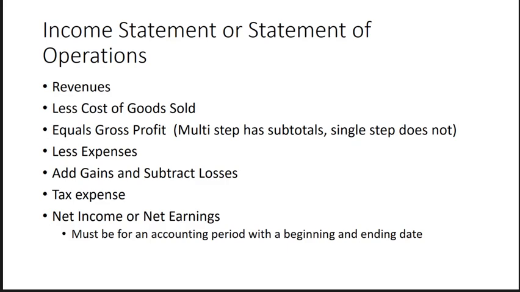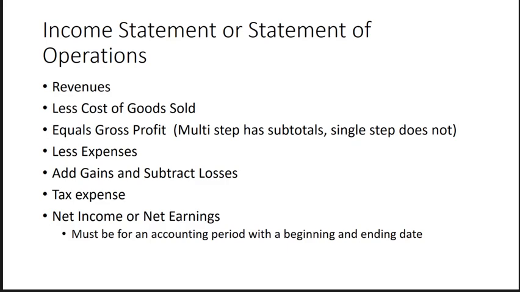It's important, but we tend to blame it on the government, not on the company. And so because it's kind of different than other expenses, it tends to be the last one reported on the income statement. And then after you've subtracted all those expenses or added the gains, you get net income or net earnings.